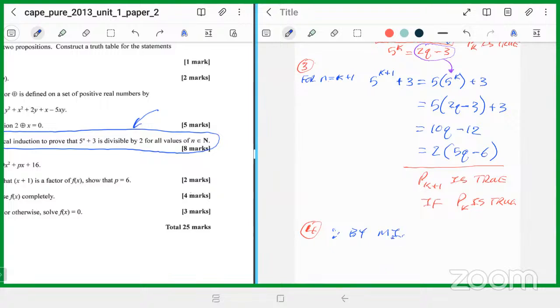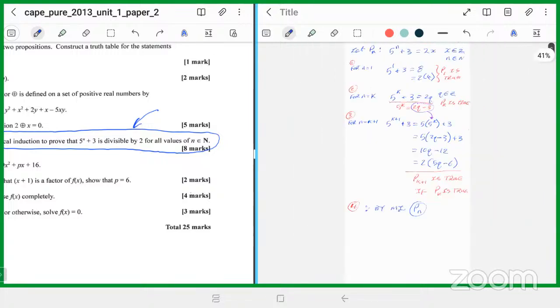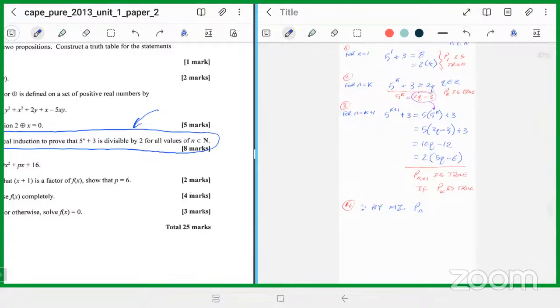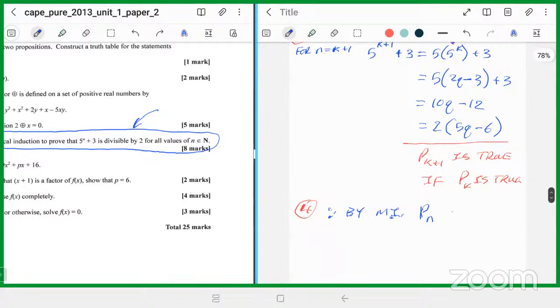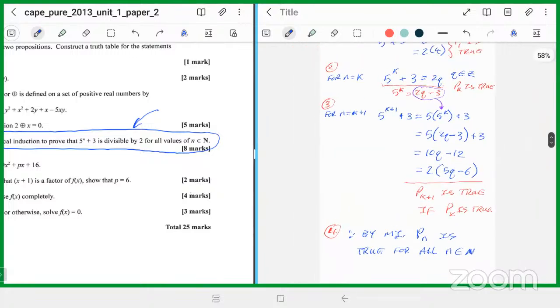Therefore, by mathematical induction, Pn, the original statement that we started with up here, is true for all n which are natural numbers. That is how you prove the divisibility type. That is it.